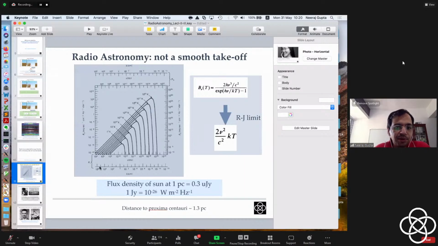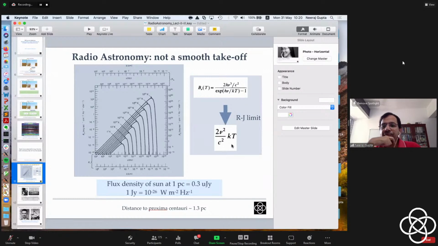It is just the kind of radiation a body would give by virtue of its temperature. And what you see here is the Rayleigh-Jeans limit of it. It's simple. Just keep this approximation in mind, because at radio wavelengths we are talking about very low frequencies, right? So we can very well work with this approximation in that case.